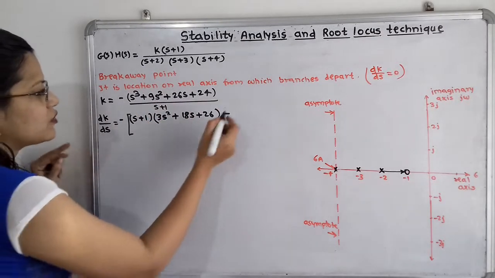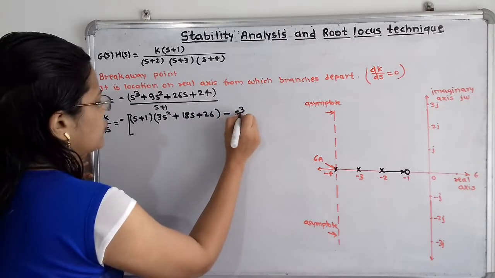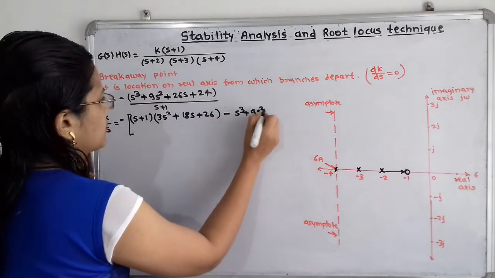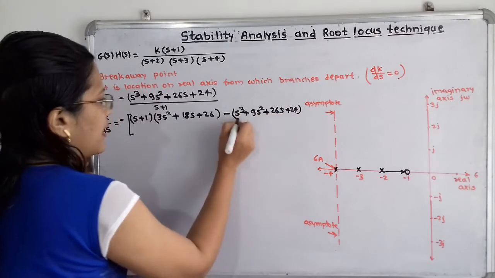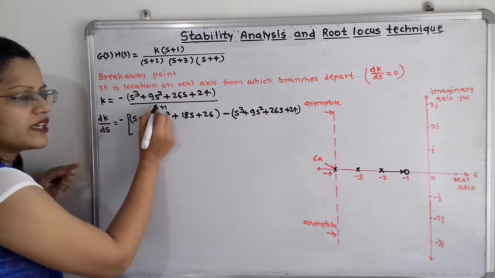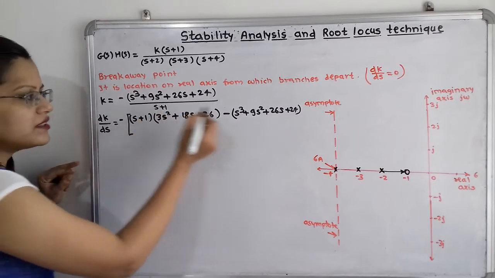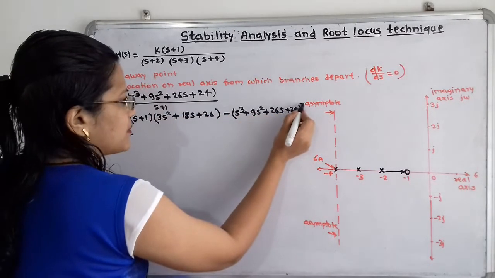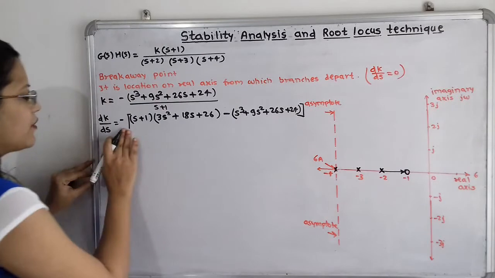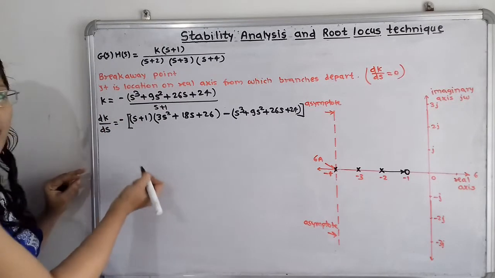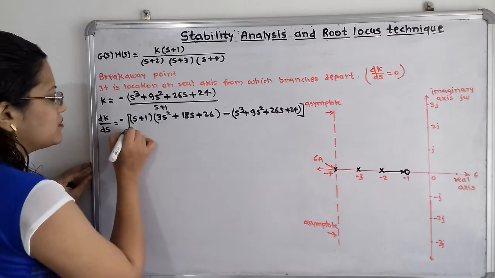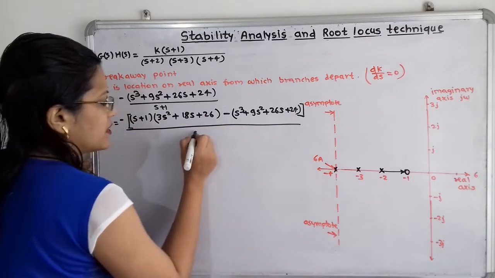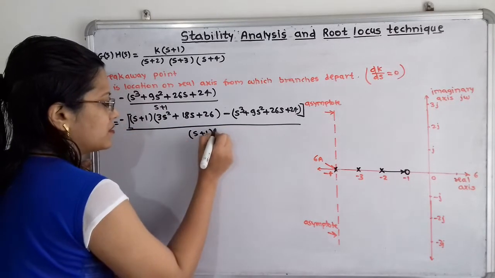So we take the numerator as it is, that is s cube plus 9s square plus 26s plus 24. And how do we differentiate the denominator? There is only one s term, so it is equal to 1. So I will complete the bracket, and we take the minus sign outside the bracket, divided by the denominator square, that is (s+1) whole square.